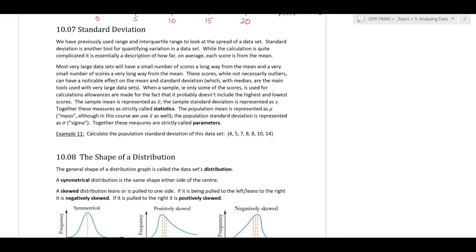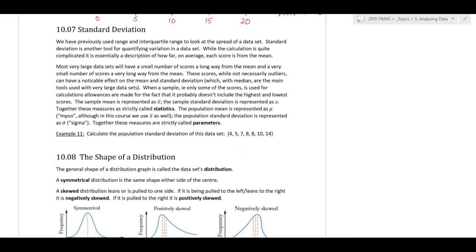There are lots of calculations if you do this manually. Fortunately, the bright side of this is that we do it on our calculator and it's almost identical, one button press different, almost identical to calculating the mean. Okay, so we'll do that in a moment. I do need to explain some other little things here.